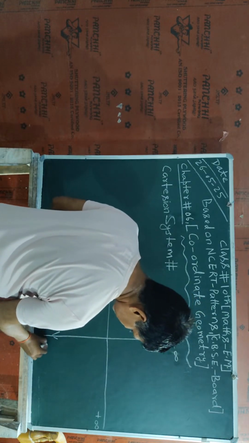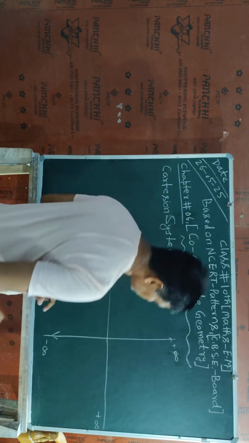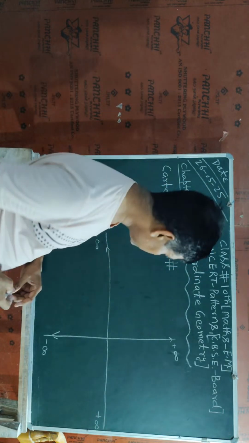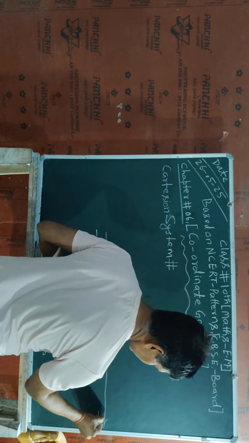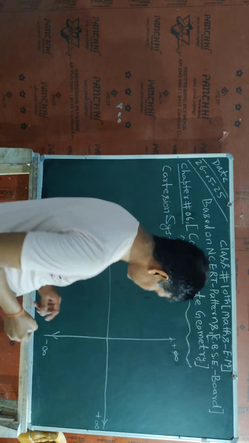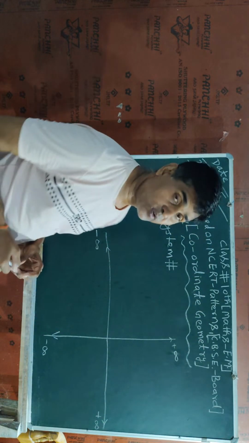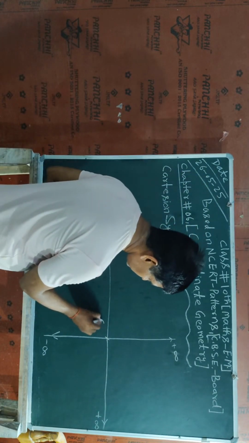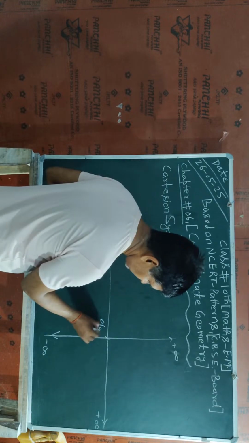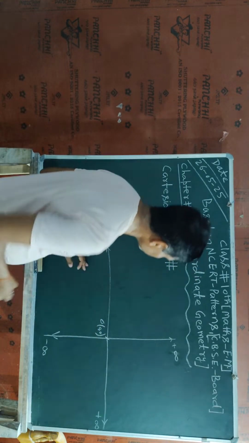Okay, students. Each and every student has to understand its meaning, because without meaning students will only memorize, and if the question is changed, students cannot solve the question properly. So each student has to take its concept clearly.